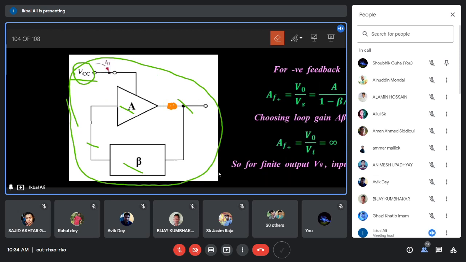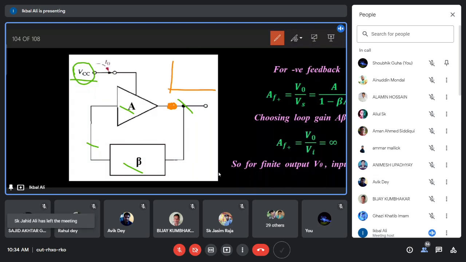So noise means, suppose at this point, okay, at the output of the amplifier, you have a DC voltage, and over this DC voltage, you have a fluctuating voltage. So this DC voltage is not constant, it is fluctuating, it is not always constant.